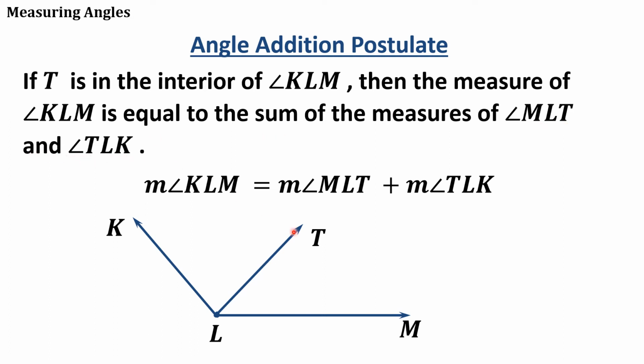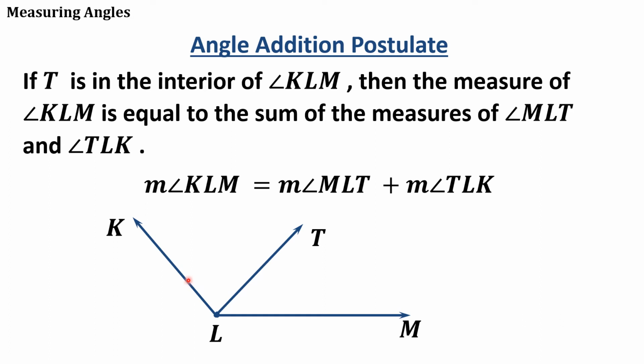Now let me simplify this for you. All that it says is that if I have an angle named KLM and suddenly I draw a ray in the middle of it, or at any point, called T or LT, that means that ray is going to form other angles between them.